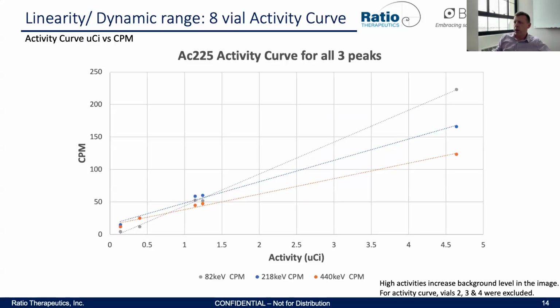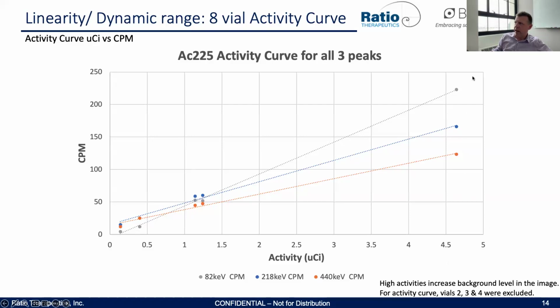Now, when we look quantitatively, we do see a nice linear relationship down to that 0.14 microcurie level, up to 5. You can see this focusing on these 5 vials.